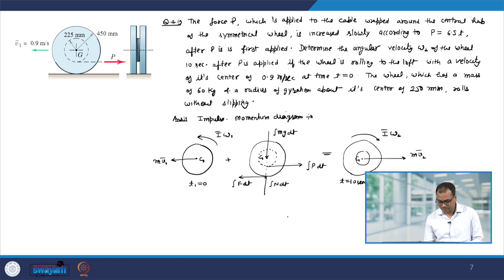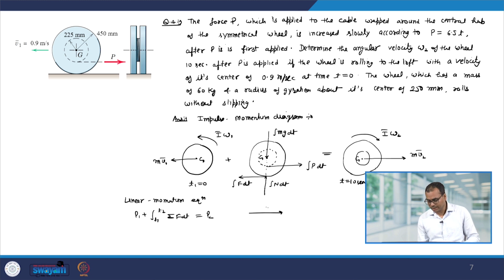So, first let me apply the linear momentum equation, which is p1 plus integral F dt from t1 to t2 equal to p2. Let me take this direction as positive. Now, all the parameters are given.